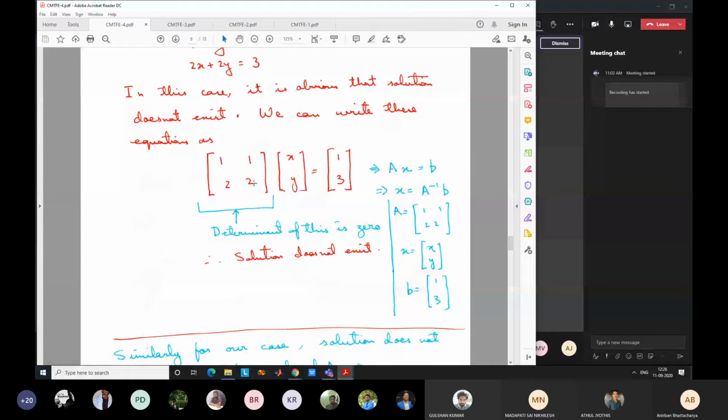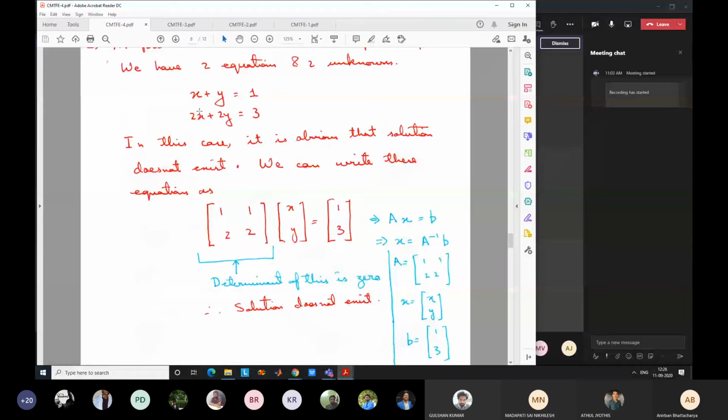Because of the form of the equation that I have written, even if the form was different, we could have reduced it in some way so that one equation is just a multiple of the other. It's not an independent equation. So ultimately, if this is not independent, the determinant goes to 0.